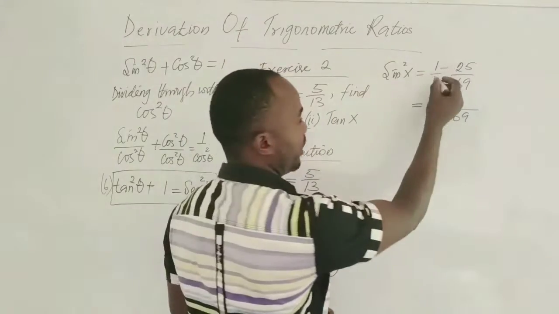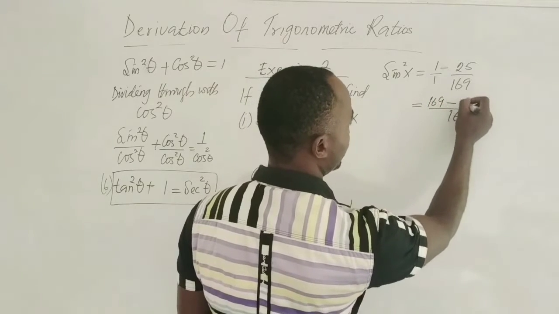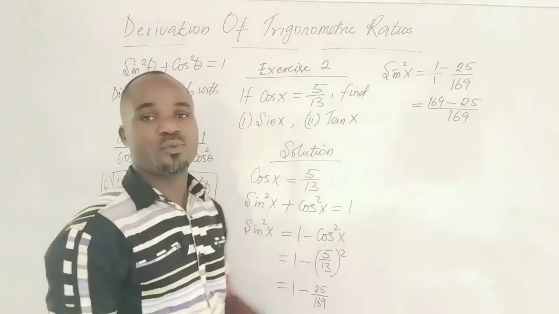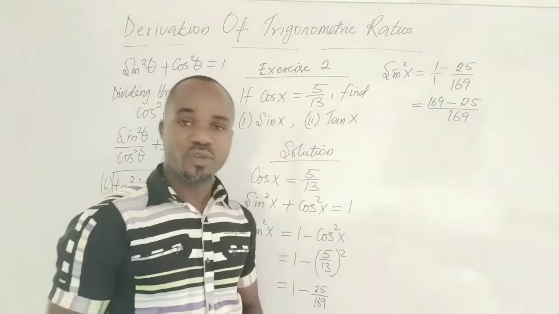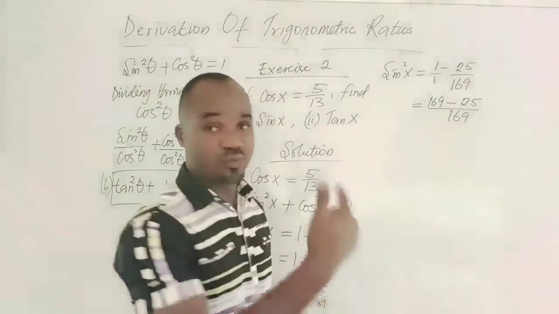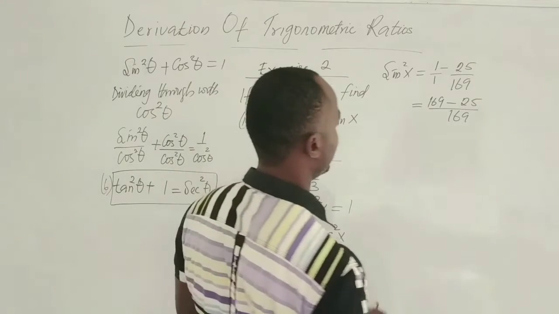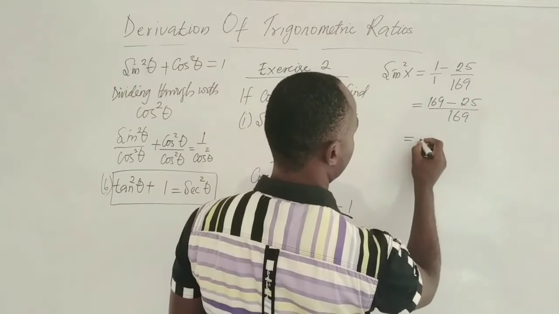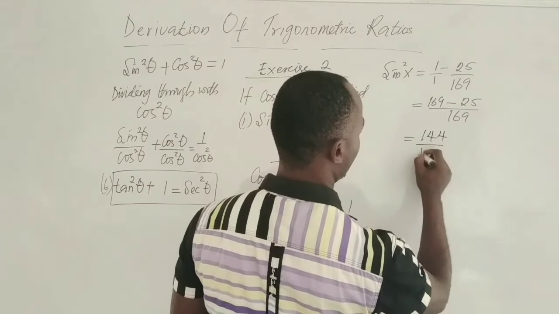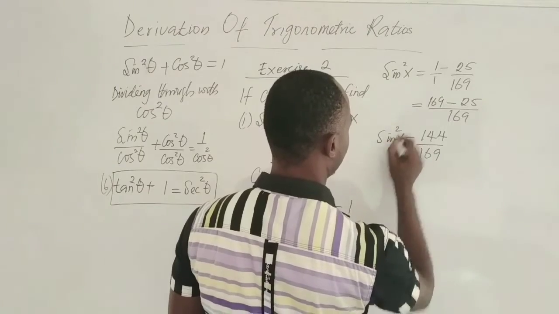So we have to consider that 1 divided by this will give us 169 minus 25, because 169 divided by itself times 1, times 25, will give 25. When 169 divides itself, we get 1, then multiply by 25 will give us all that. So finally we arrive at 144 over 169. That is for sin x squared.